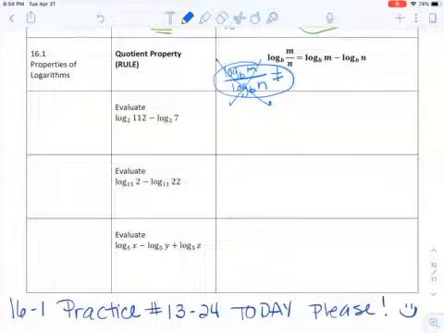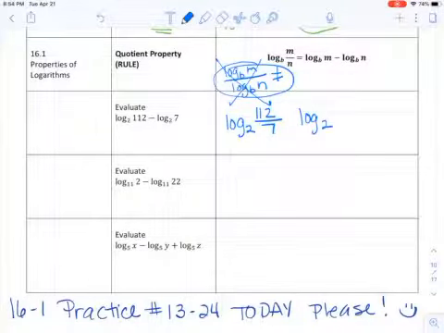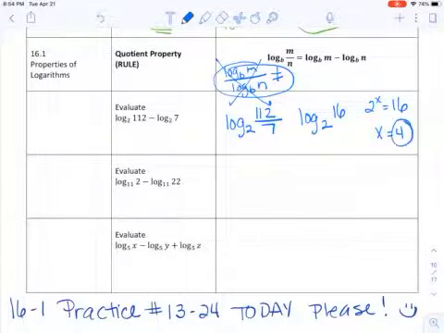But in other words, instead of subtracting, I can do log base 2, I only write it once, of 112 divided by 7. In other words, log base 2 of 16. And that, of course, then means 2 to what number is 16? And x is 4.